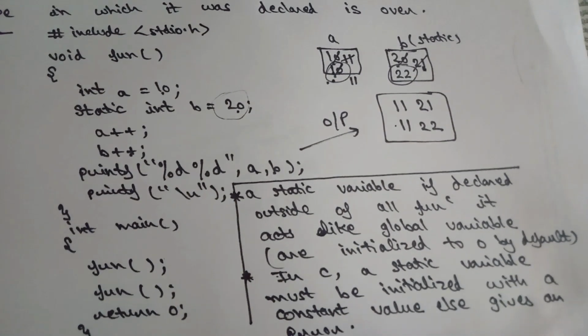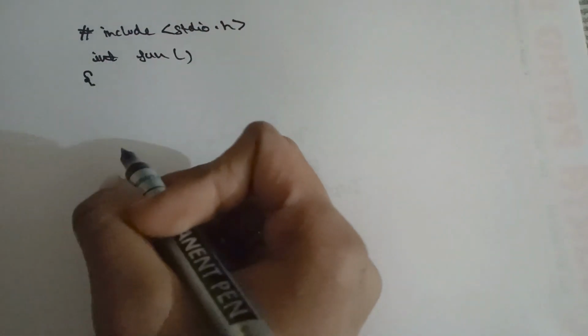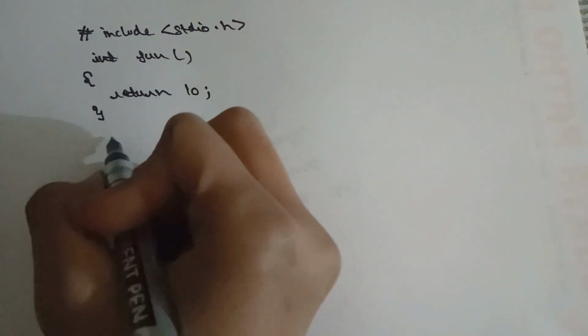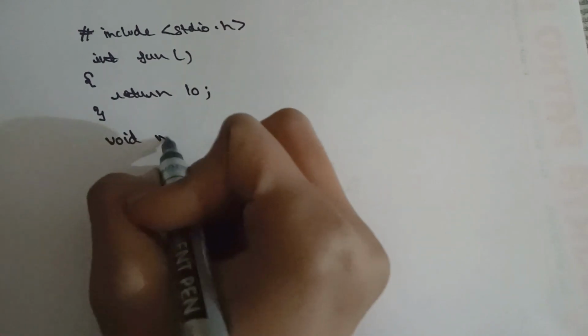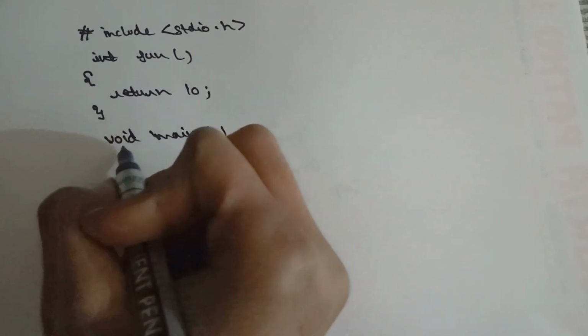We can see one example for this. Include the header file. Suppose you have defined one fun function here. This is going to return a value, say 10. Then you have created the driver program, the main function here.